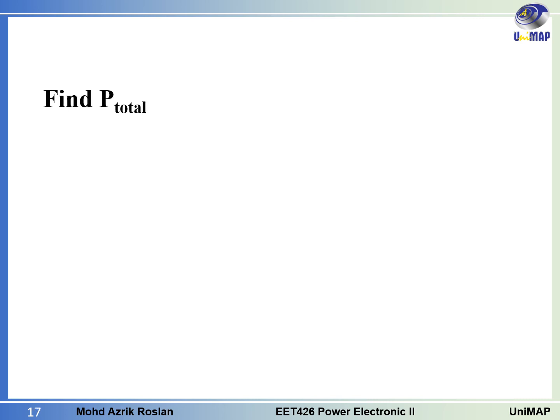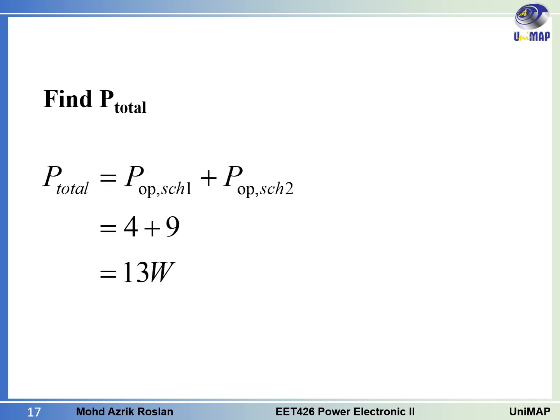So next we have to find the total power. We have the power for Schottky 1 as 4, and for Schottky 2 we have 9, and the total power is 13 watt.